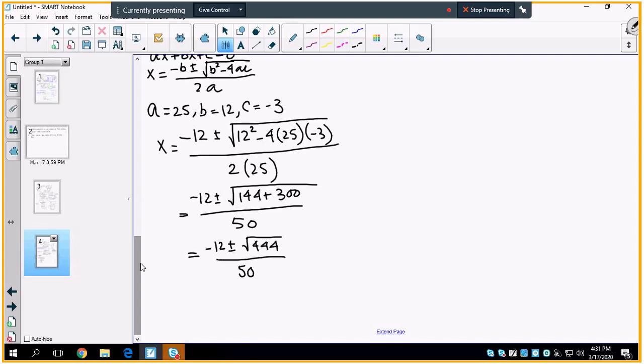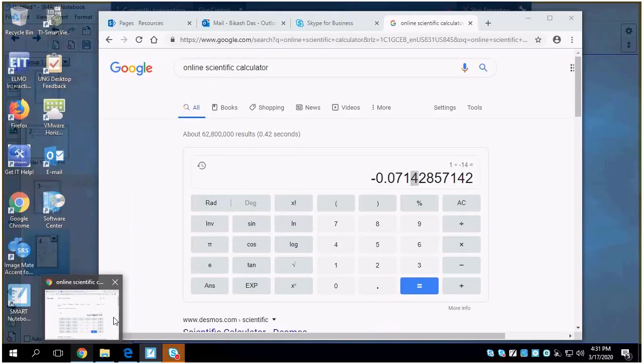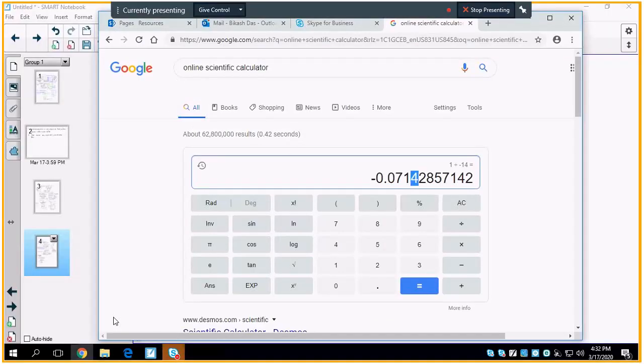And 444 is not a perfect square, so I'm going to use my calculator. And recall I told you, if I do not ask you to how many places you have to round, always round to 3 decimal places. So we are on our calculator. We will first calculate what is square root of 444.